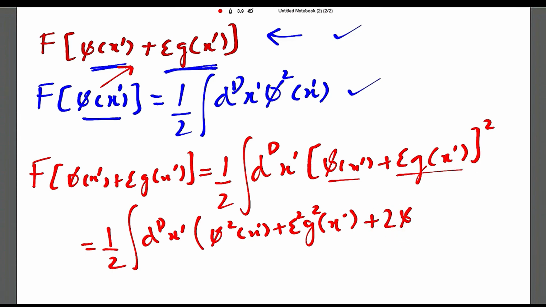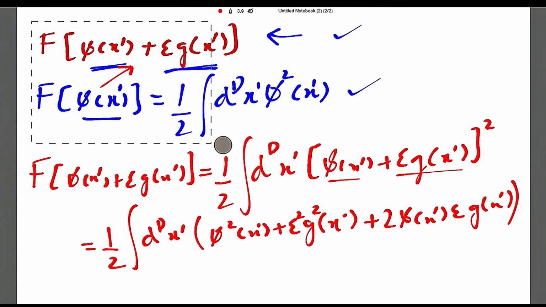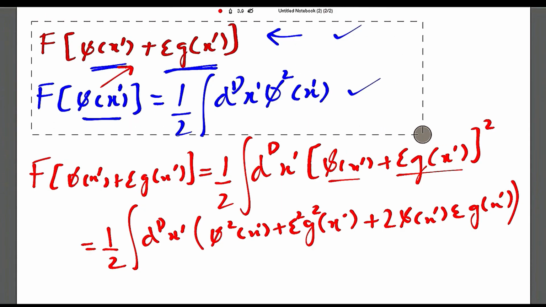So it's 2 times phi of x prime e g of x prime. So this is what we have, and this is the simplified form. Now let's apply the derivative and the limit e approaches 0 simultaneously, and see the kind of simplification that we get from this point. Give me a sec, let me clarify this thing so that we can write it down here.